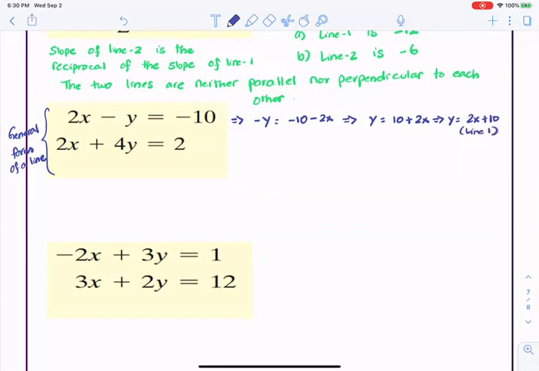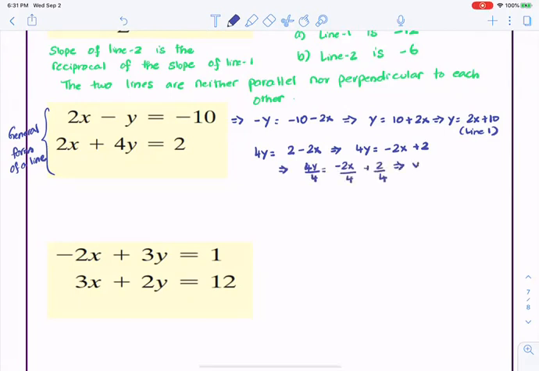Line 2, I just keep y on the left-hand side. So 4y would equal to 2x moves to the other side, it becomes negative 2x, and 4y would equal to negative 2x plus 2. I'm just rearranging the terms. Divide by 4 on both sides. So 4y over 4 equals negative 2x over 4 plus 2 over 4, which would give us y.